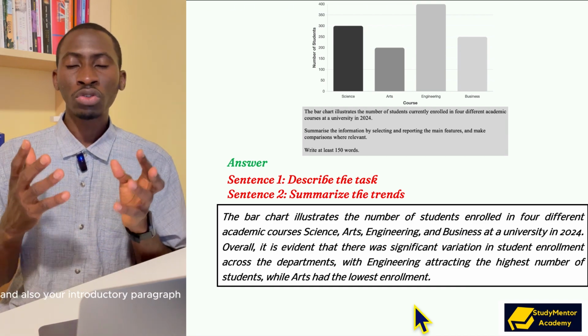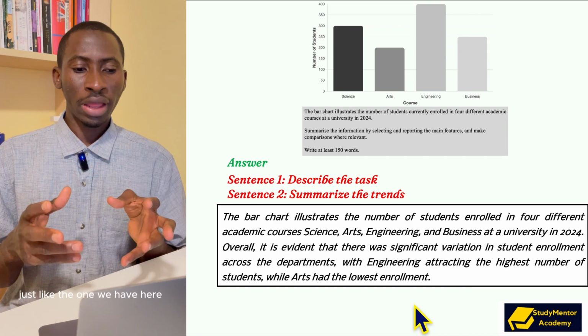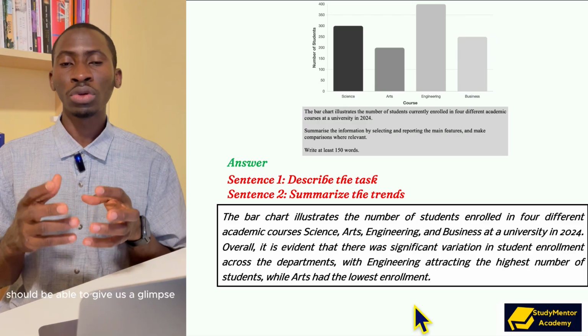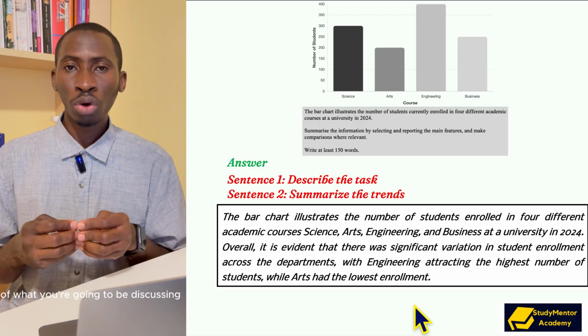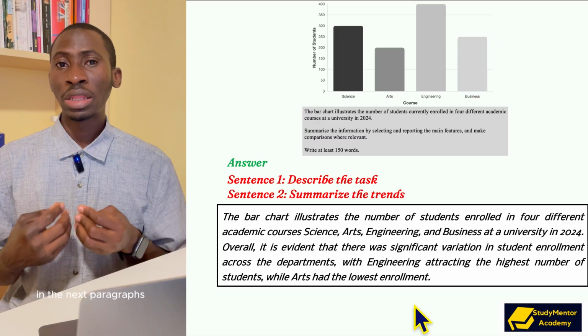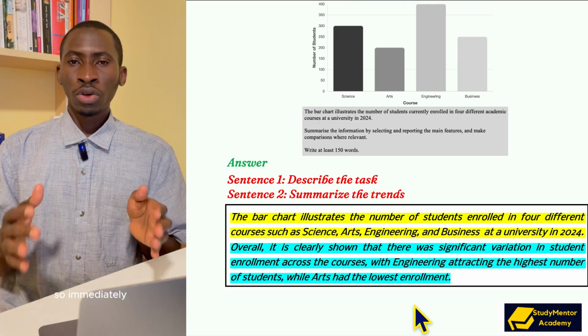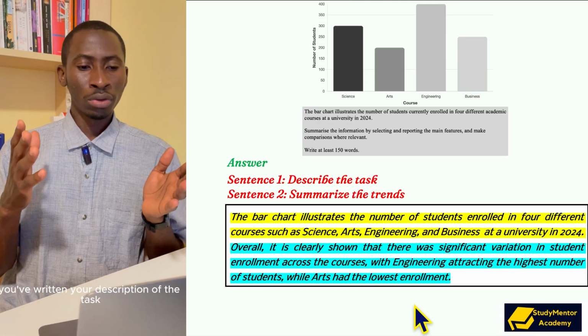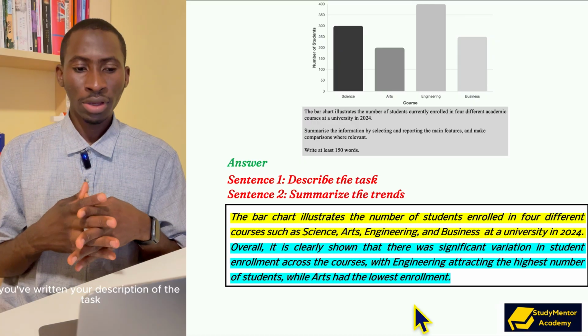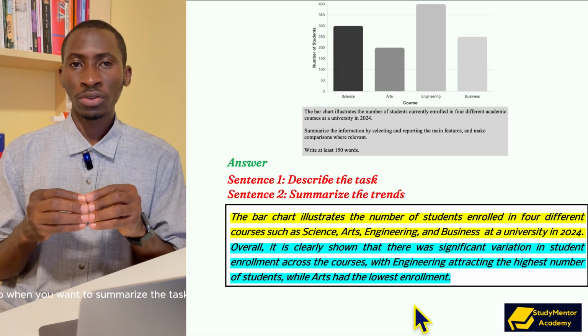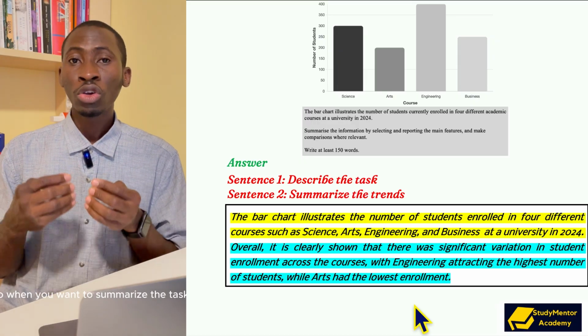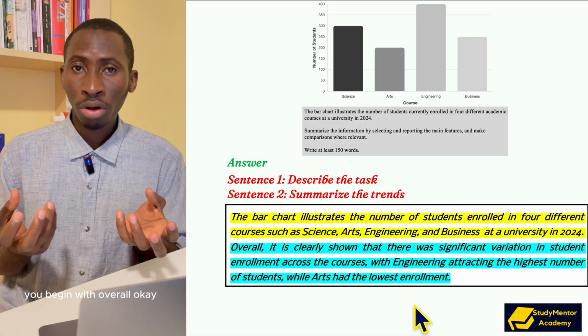And also your introductory paragraph, just like the one we have here, should give us a glimpse of what you're going to be discussing in the next paragraphs. So immediately you've written your description of the task, the next is to summarize. When you want to summarize the task, you begin with overall.